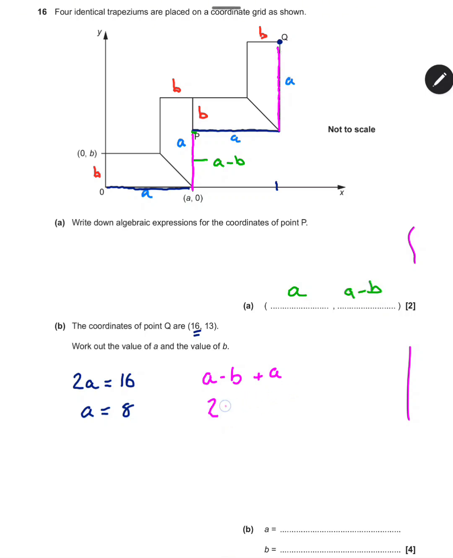We've got 2 A's, take away B, and that must come to the 13 high that Q is. So that equals 13. Now I know that A is 8, so 2 A's will be 16. I'm still going to take away B, and that comes to 13. 16 take something is 13. That something must be 3.